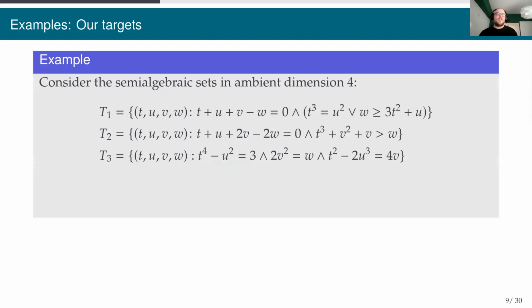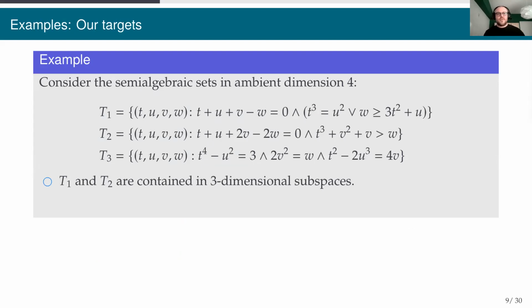Okay, so these are going to be examples of our targets. I'm going to state the theorem later on. But if you consider these semi-algebraic sets in dimension 4, you notice that T1 and T2 are contained in three-dimensional subspaces. This is because of their first defining equations. In T1, you have t plus u plus v minus w equals 0.